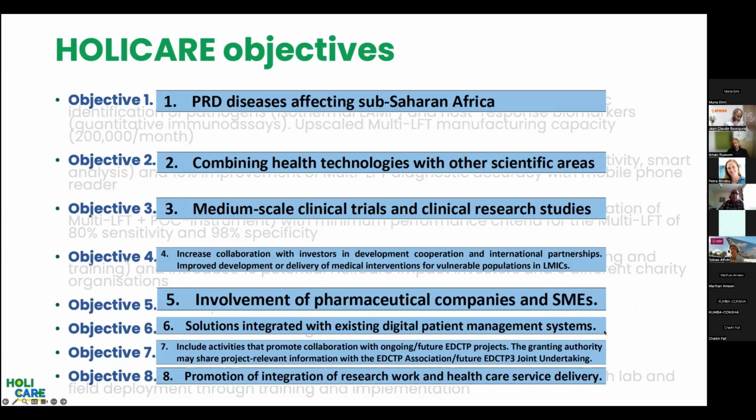The last one is to promote integrated research in healthcare and system delivery on a daily basis.